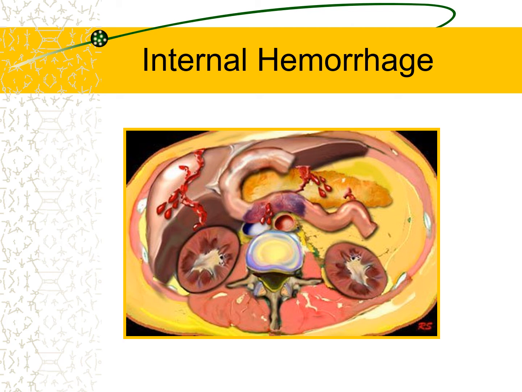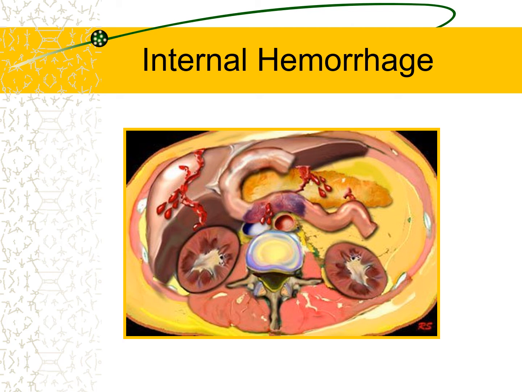We call that third spacing. Third spacing is a term that refers to fluids in any space where it doesn't belong, where it shouldn't be. If there's chest trauma, the pleural space is a potential space for the accumulation of large amounts of blood.